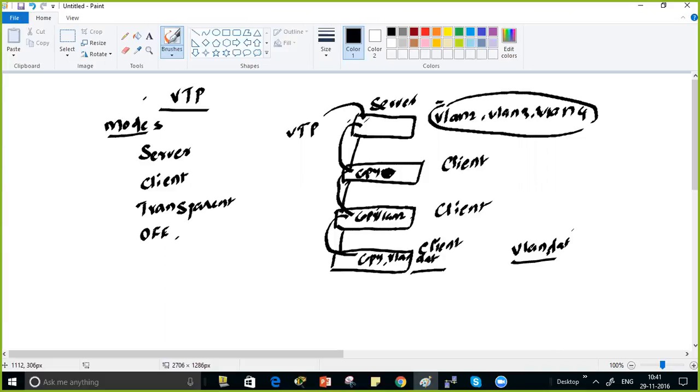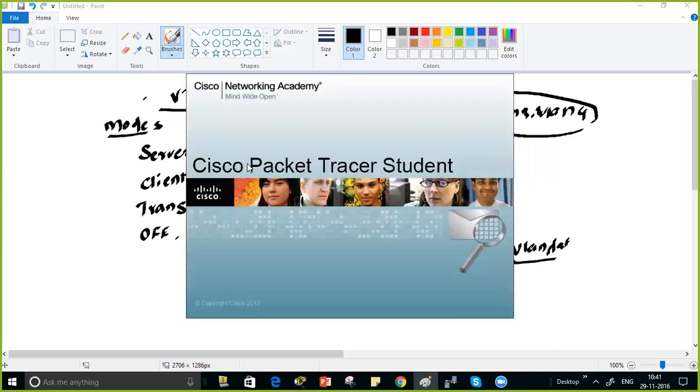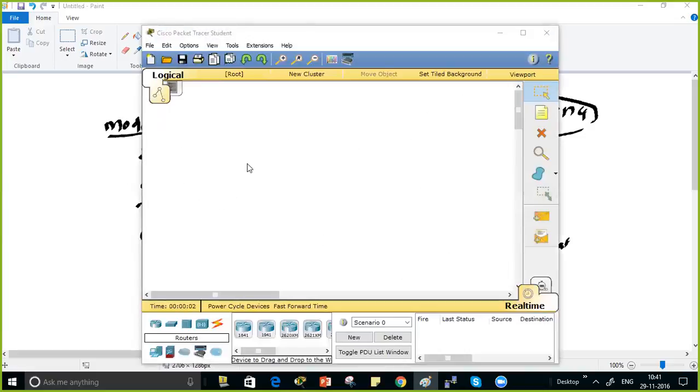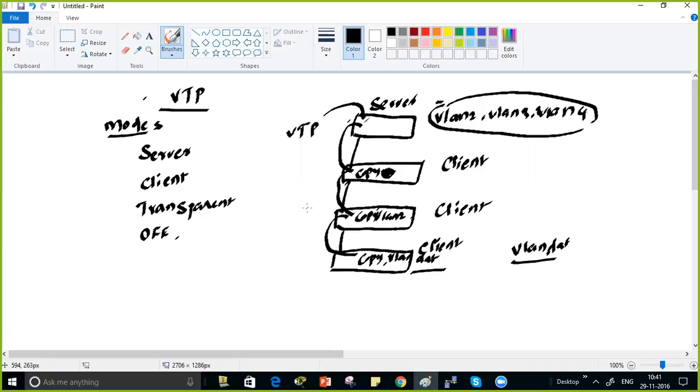Did I explain any lab like VLAN 2, VLAN 3, VLAN 4? I configured it, yes, I explained, right? In the lab we set up the VLAN info and set up some computers, workstations.